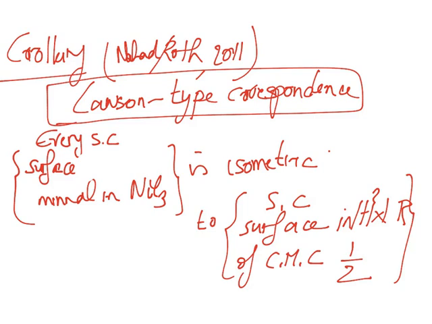This type of Lawson correspondence has been proved already by Benoit Daniel, but of course without using spinors. Here we got a spinorial proof of the Lawson type correspondence. So you can go from a minimal surface in the Heisenberg group to an isometric surface in H2 times R of constant mean curvature half.